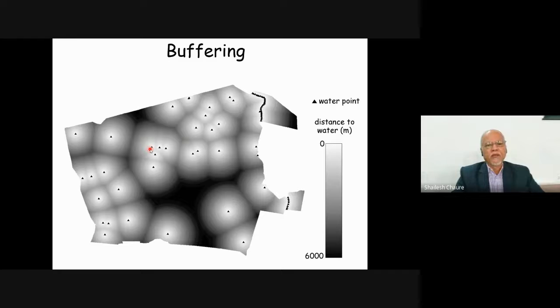The areas which are close to the water point appear in white color, and as the distance increases, the color becomes darker and darker. So we can always compute it from vector data, and out of that we can create a raster map by filling the shades on it.